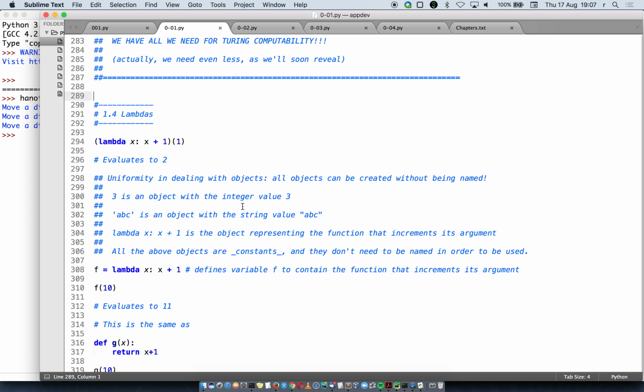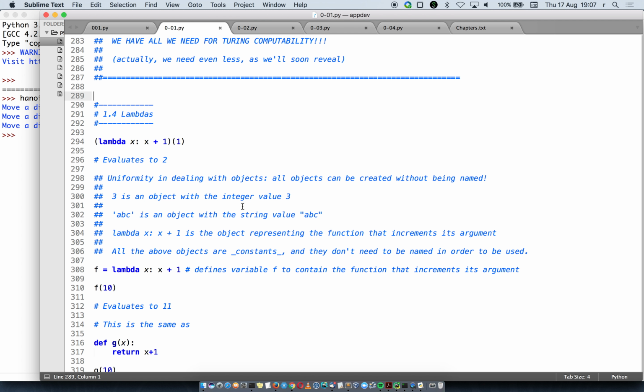Why is there this discrimination? Why do some objects need to have a name and some don't? We should make it so that everything is the same. So if we have the ability to create objects that don't need a name, we should be able to do that for functions and procedures as well, right?